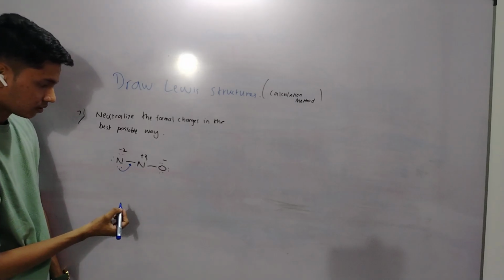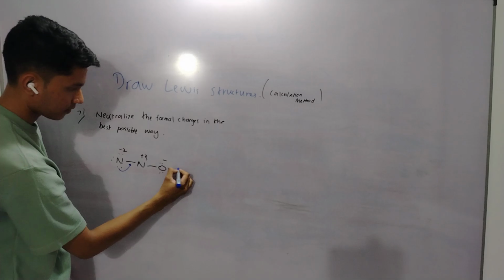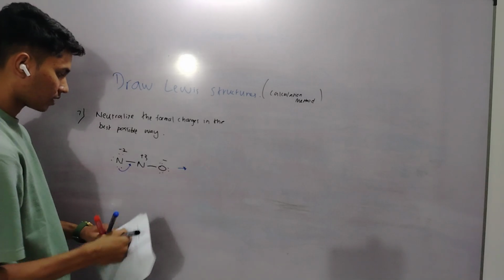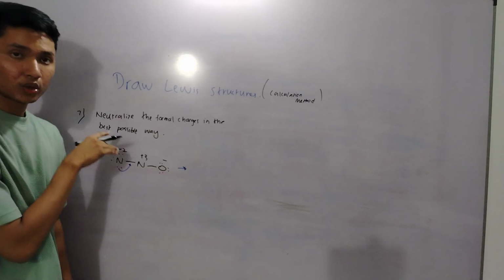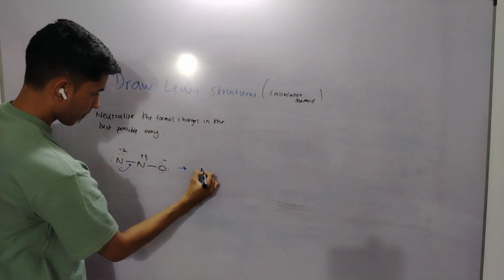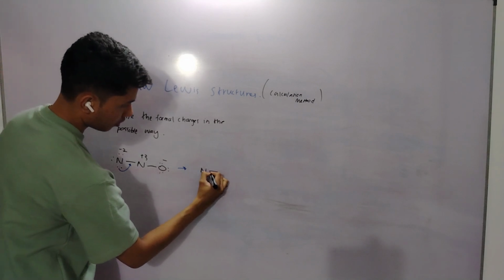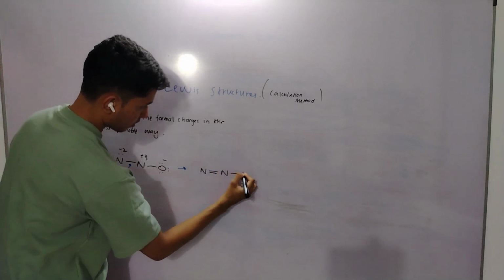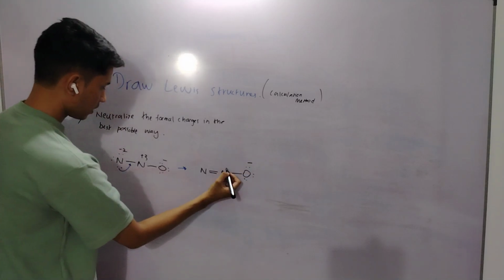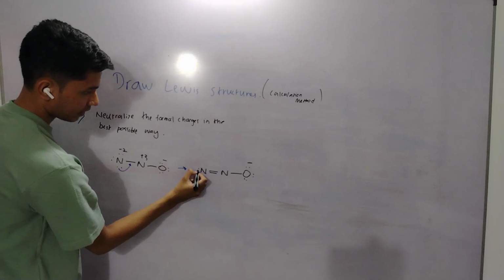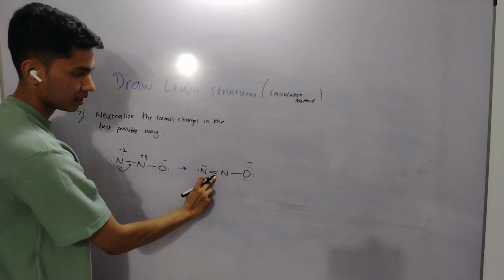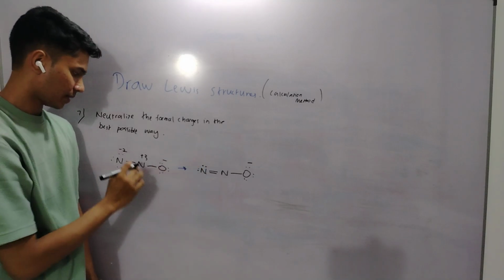So what happens is you transfer electrons by forming a bond. So how many pairs of electrons are remaining? 1, 2, because this one transferred here. Now charges.